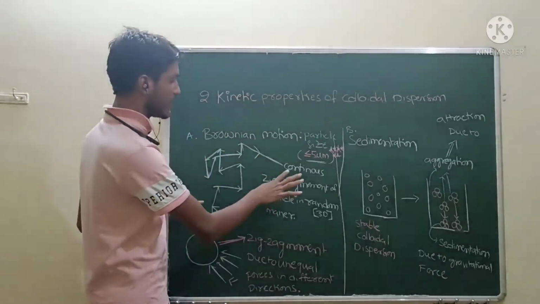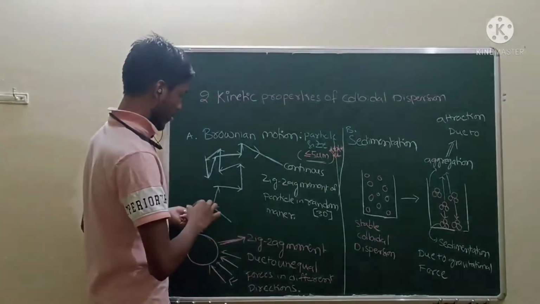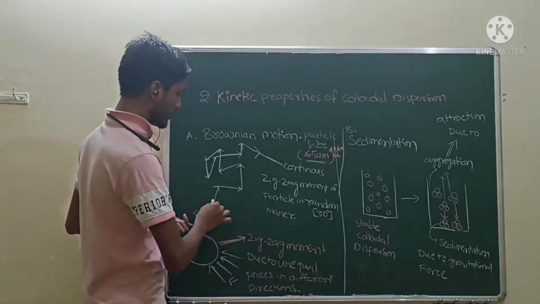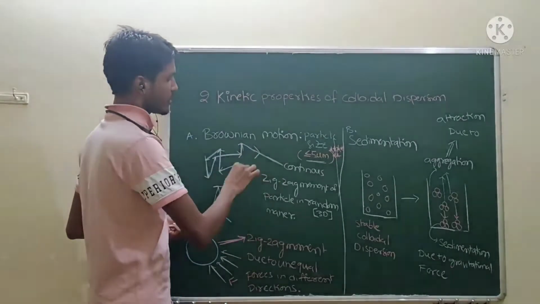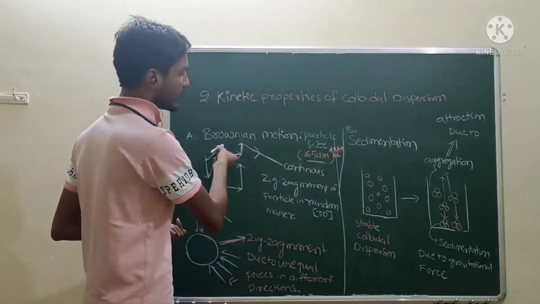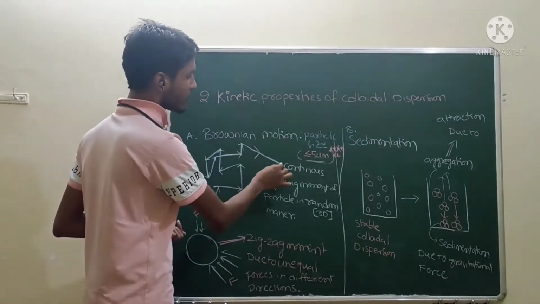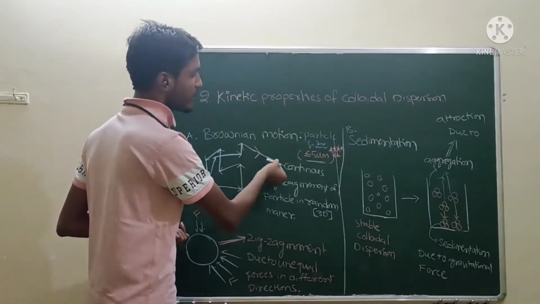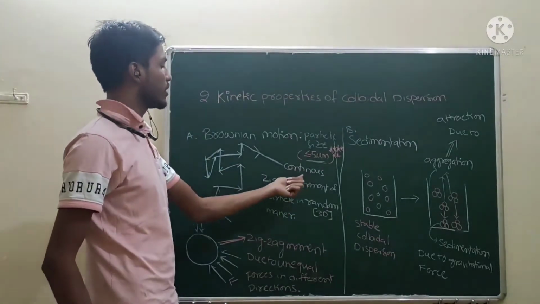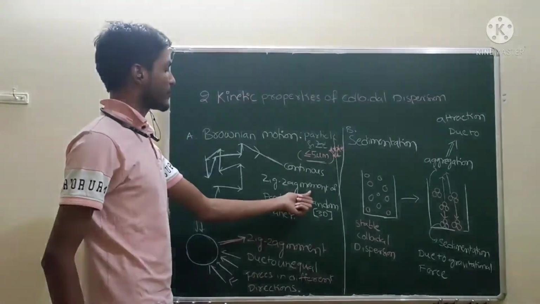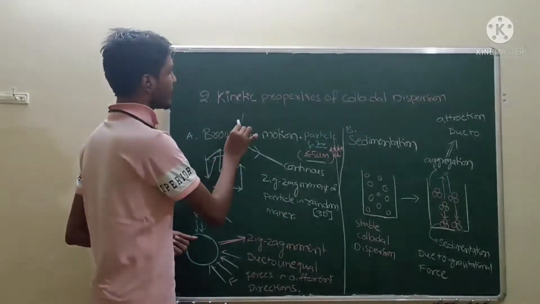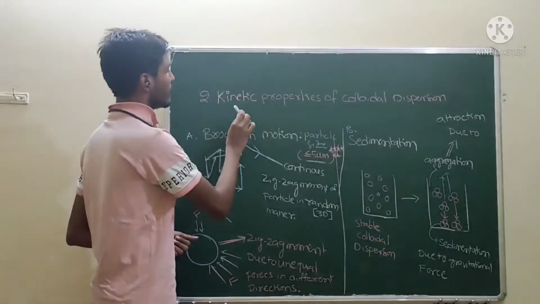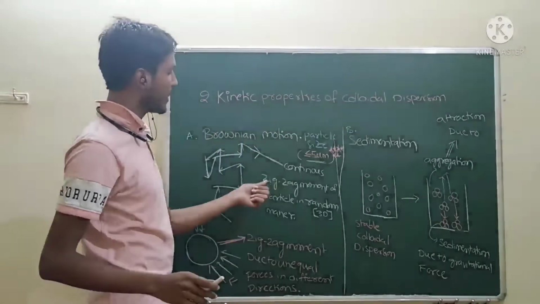Brownian motion means continuous, always moving like this, always moving. The continuous motion, I have represented, still it is going. The continuous zigzag movement. The continuous motion is not just straight like this, it should be zigzag.